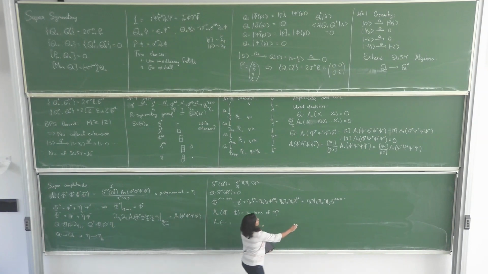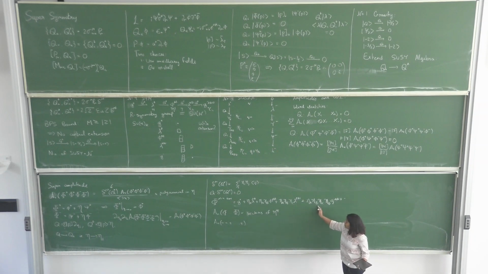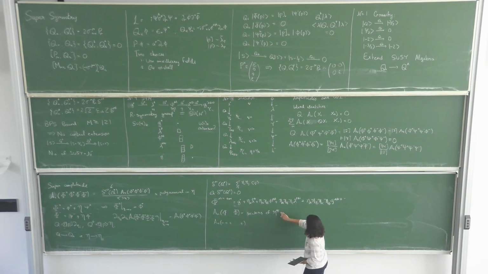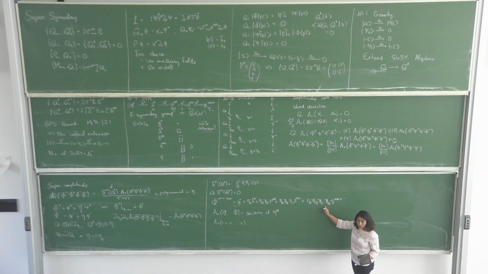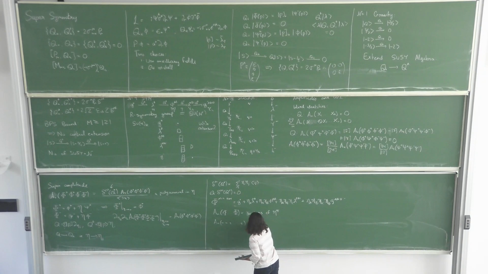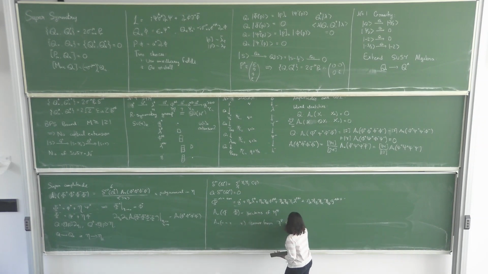Now, clearly, based on this, that's going to tell you that your superamplitude has a sector which is proportional to eta to the 8th, because it has 2 negative helicity bosons. So this comes from the eta to the 8th part of the superamplitude A_n, right? Similarly, as I keep increasing, it will come from the eta to the 2K part of A_n.